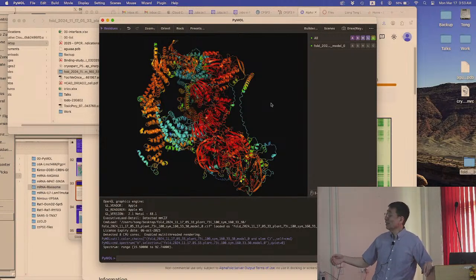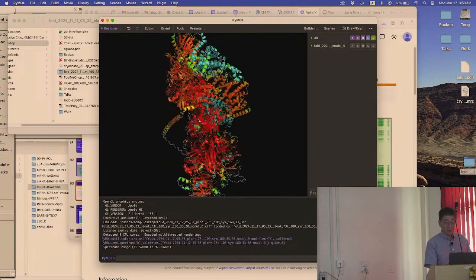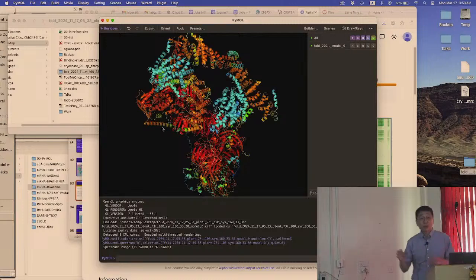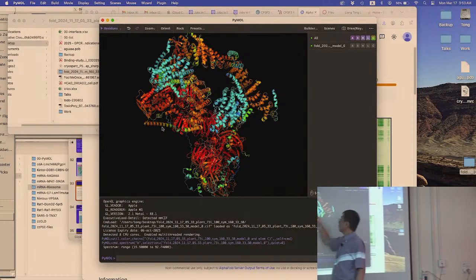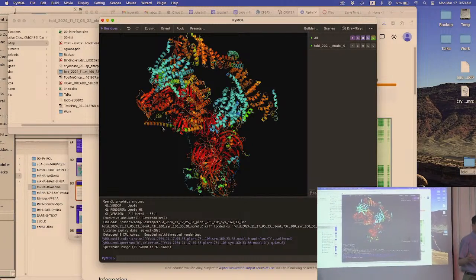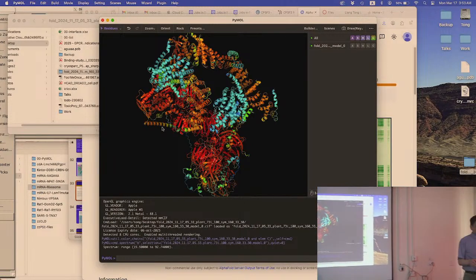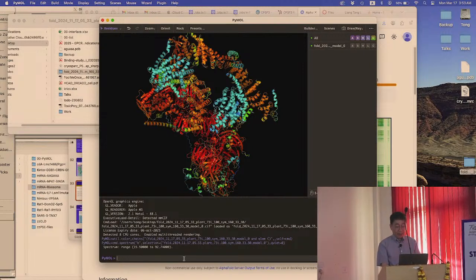But anyway, you can sort of see now, remember those two alpha helical domains that are low confidence? They're cyan here. So essentially things that are blue or cyanish, you don't trust. You don't want them. And you're in PyMol, so you can hide them.